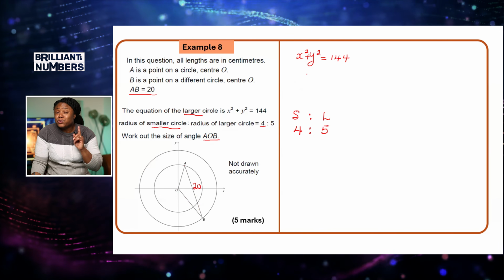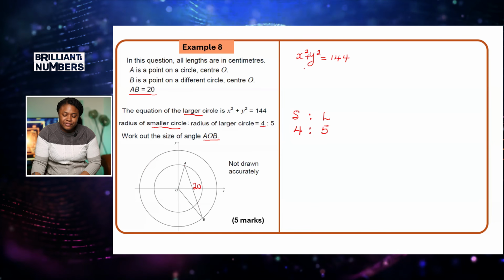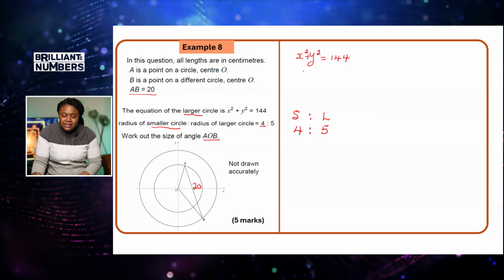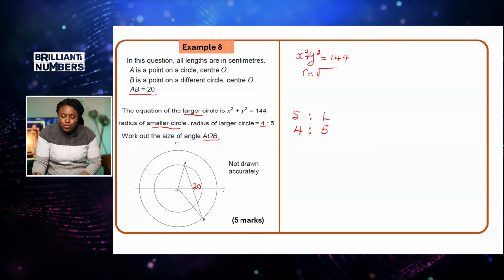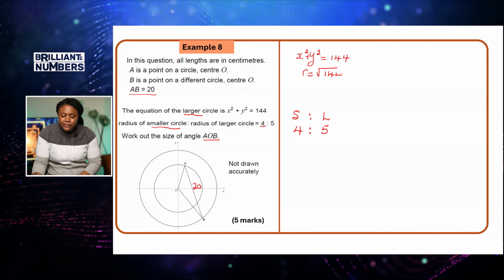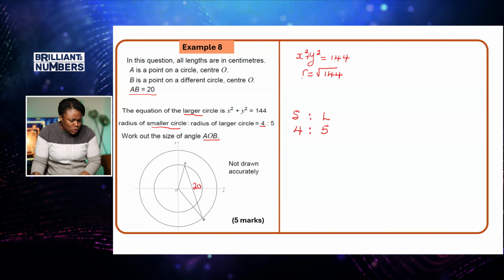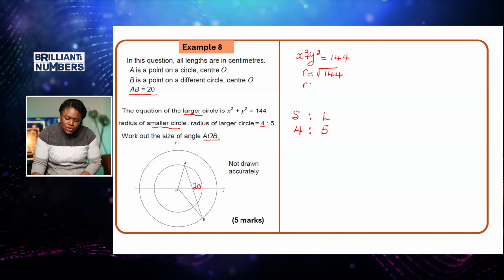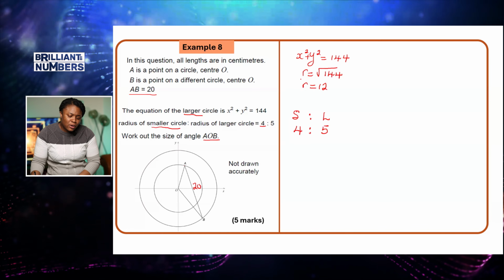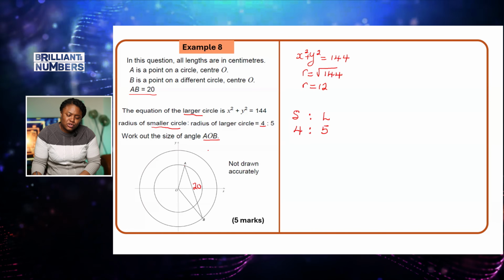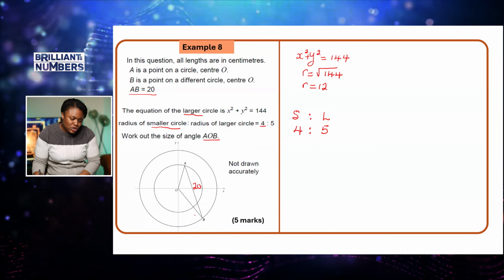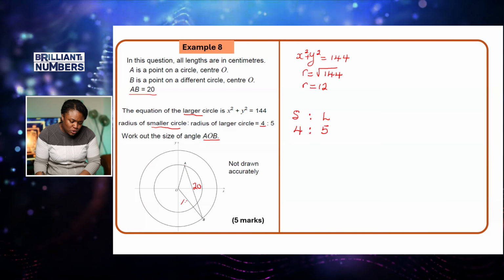I can find the radius of the larger circle first of all. The radius will be the square root of 144. So 12 times 12 is 144, so R is 12. I'm now going to put that on my diagram. The radius of the larger circle is 12, so OB is 12.